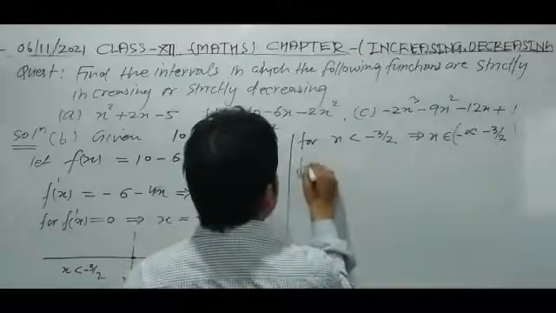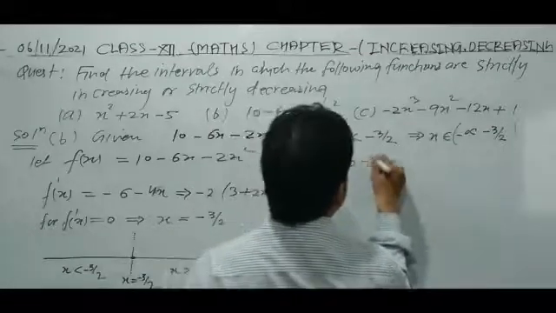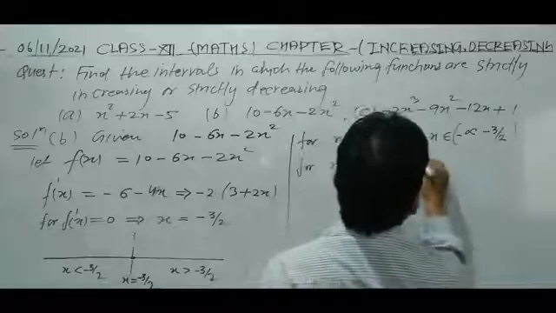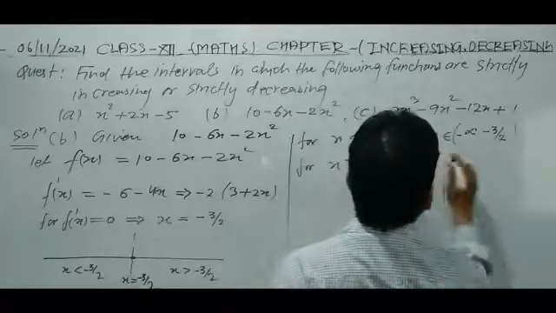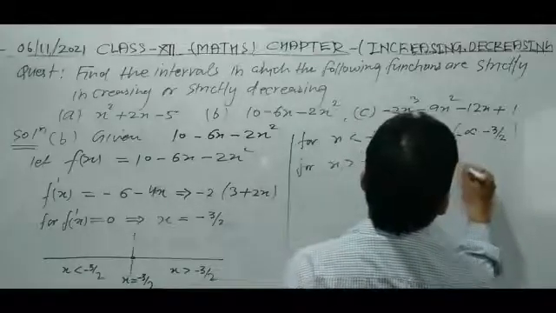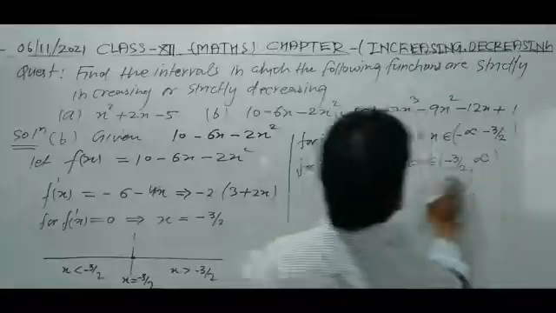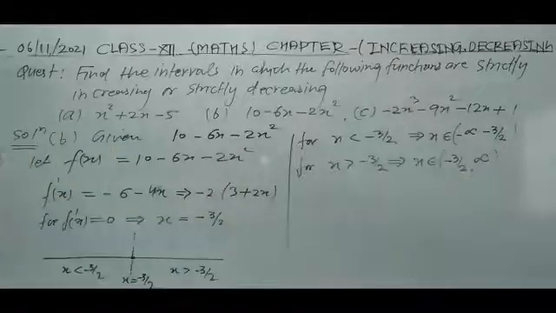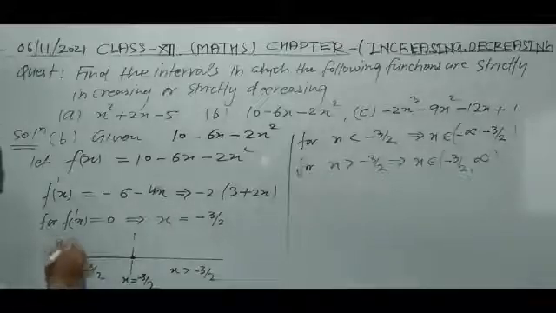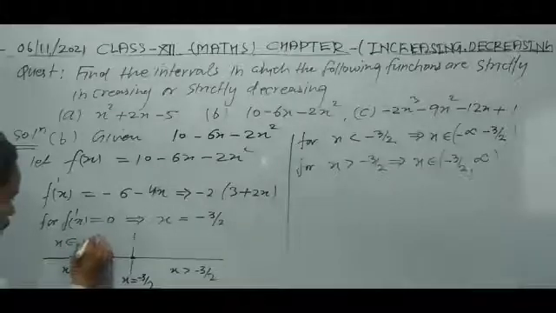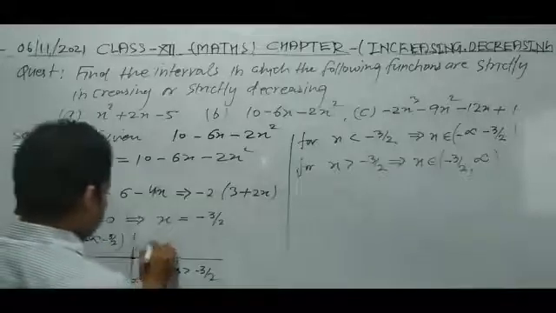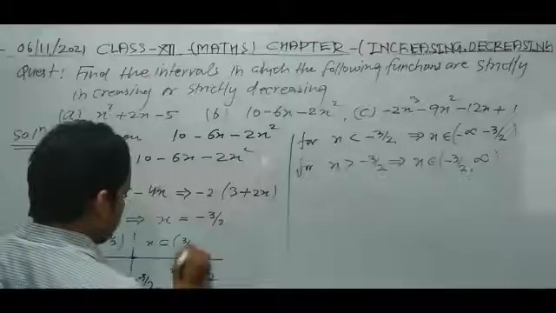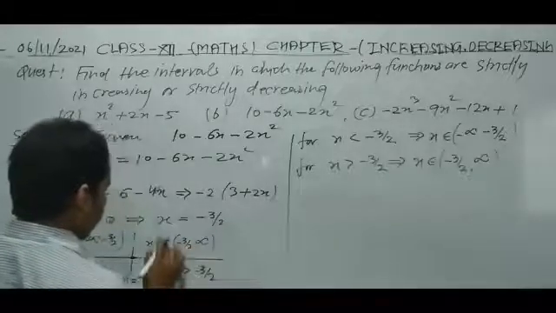Now for x more than minus 3 by 2, we can write x belongs to minus 3 by 2 to infinity. So there are two intervals we get: x belongs to minus infinity to minus 3 by 2, and x belongs to minus 3 by 2 to infinity.